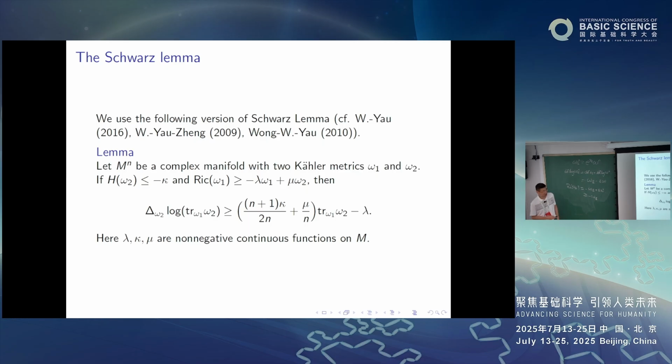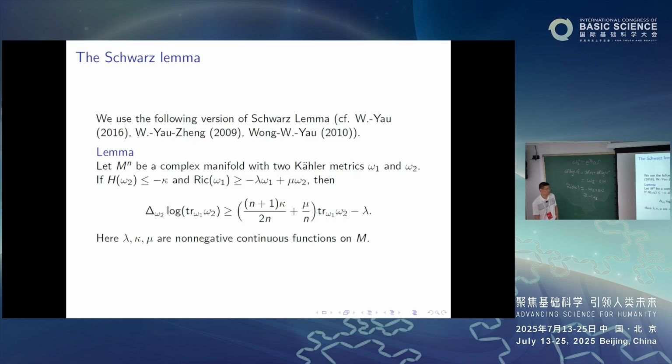The other metric has holomorphic sectional curvature with an upper bound. Now you do the calculation, you get this inequality. Here lambda is the lower bound of this Ricci with respect to itself, and mu is the bound with respect to omega 2.